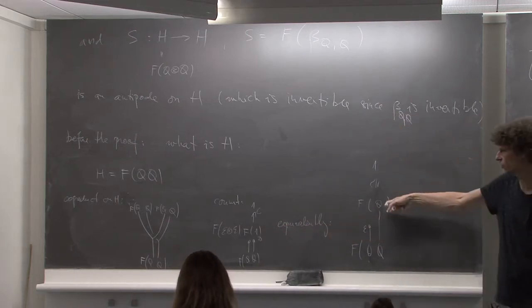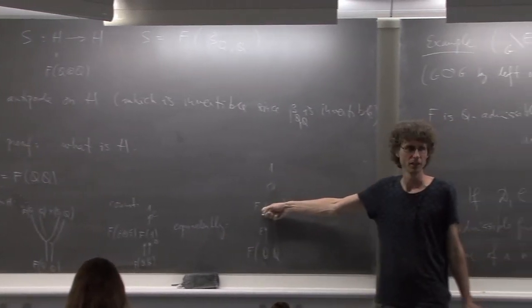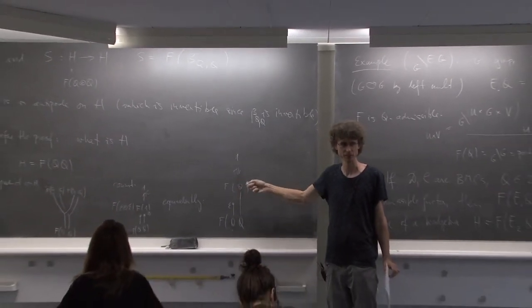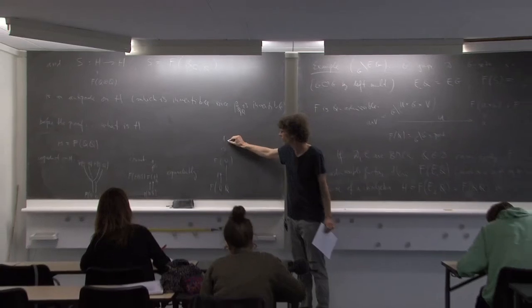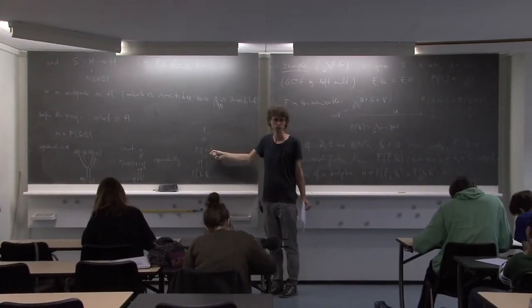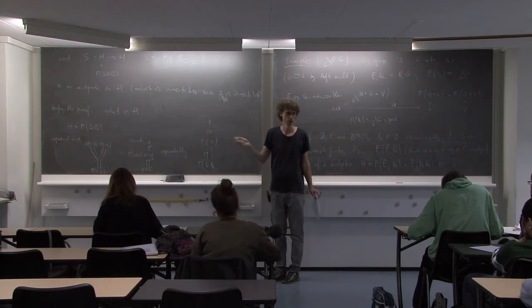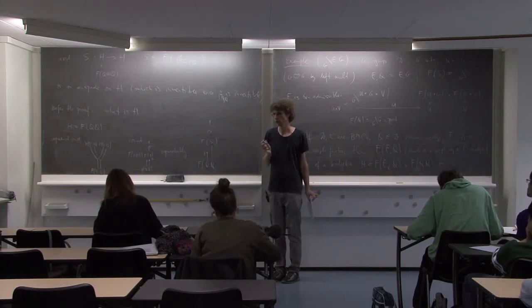So just as long as you remember that being Q admissible requires that there is some particular isomorphism between 1 in C and F of Q, then this guy is also the co-unit on our H.